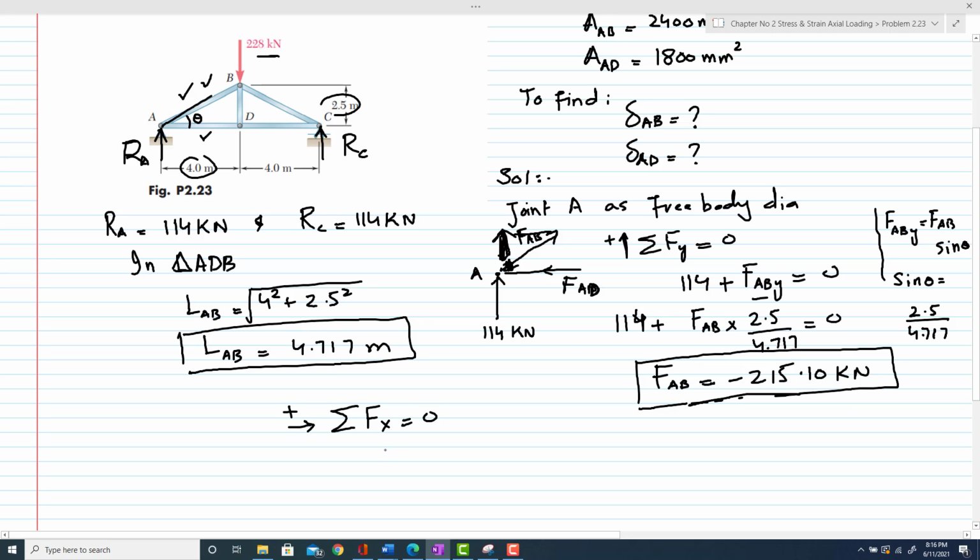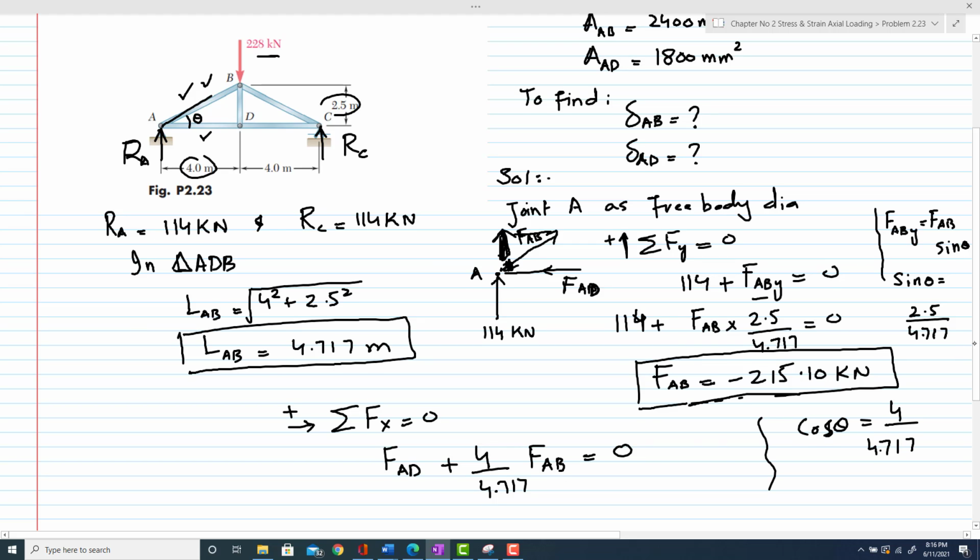So this will be FAD plus 4 over 4.717 FAB equal to 0, because cos theta will be equal to the base over the hypotenuse. The base is 4 and the hypotenuse is 4.717.